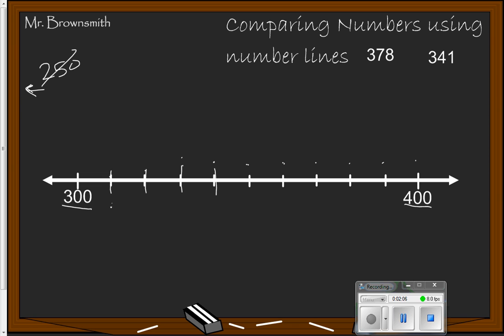How about 310, 320, 330, 340, 350, 360, 370, 380, 390, 400. It works. So let's go ahead and write those in. We'll put down each of these numbers, because this will be super helpful to fill this in.